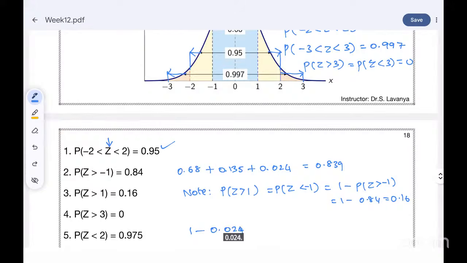If we do 1 minus 0.024, what do we get? 0.976. Okay, fine. So how are we getting the probability for the standard normal curve? Is that clear so far? Yes.